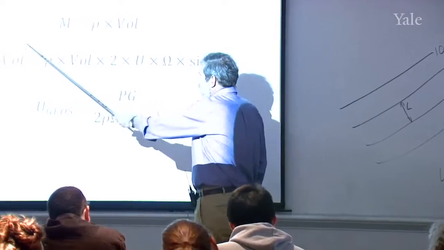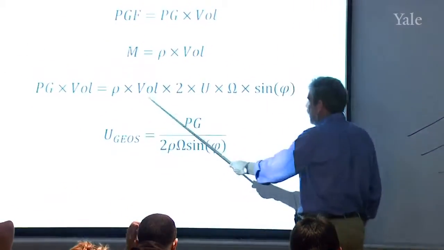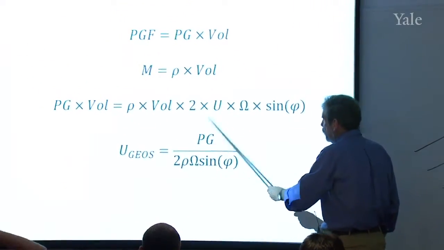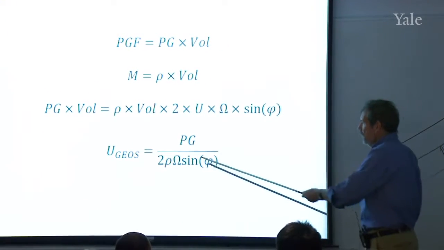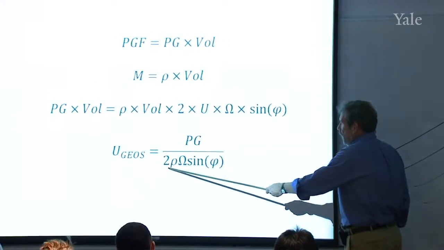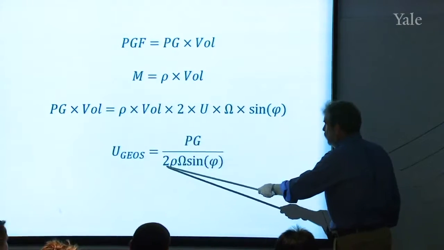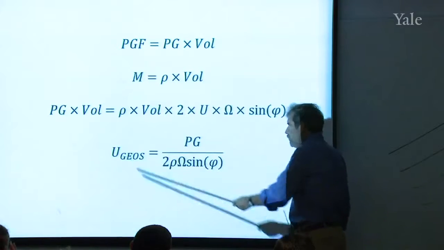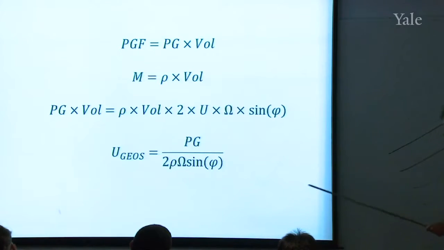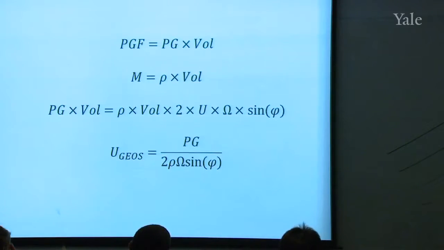Now, the volumes are going to cancel out from the left and right, and I can solve this formula for u. I'll put a subscript geostrophic on it. It's given by the pressure gradient divided, if I've done it correctly, by 2 rho omega sine of the latitude. This is a rather remarkable formula. It doesn't solve every problem in atmospheric dynamics, but it's still rather remarkable.